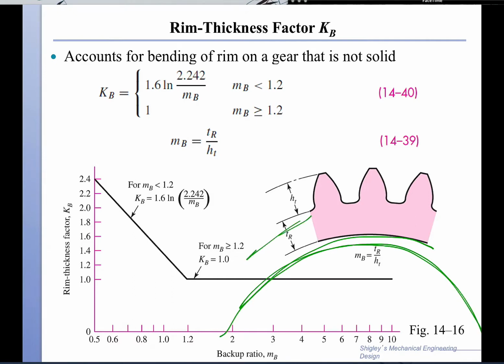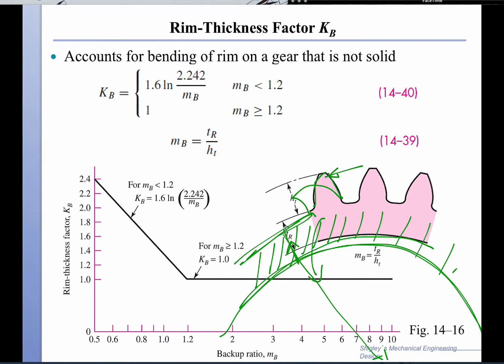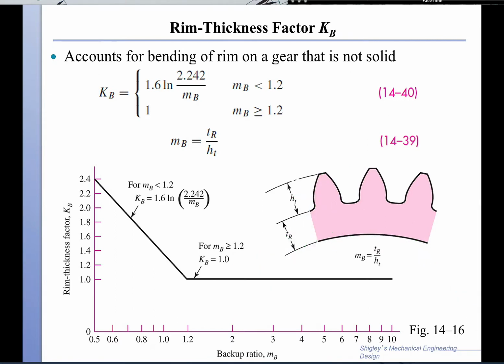Now, if we have a very wide diameter, but the rim is thin, then if you have a force on the tooth, the tooth is going to bend even more. So the support here is very important. If the support is small, then you can get an additional bending effect. And that's the idea here of the rim thickness factor, K sub B. So it depends on the thickness of the rim.